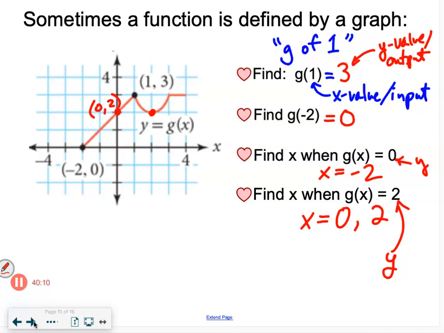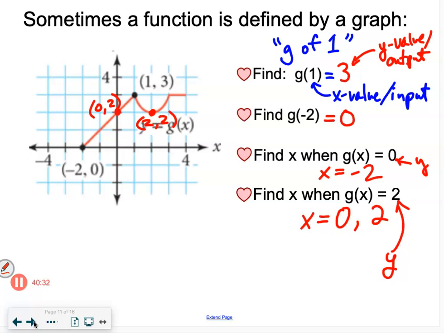So the x value of 0 has a y value of 2. If I were to write this as an ordered pair, what would this one be? Right? We're looking for what x's have a y value of 2. If you were to list off all the ordered pairs, those are the 2 where the y value is 2.